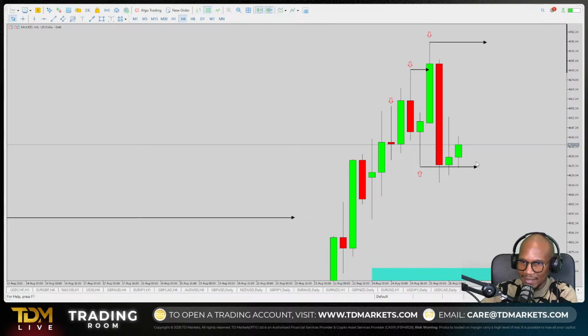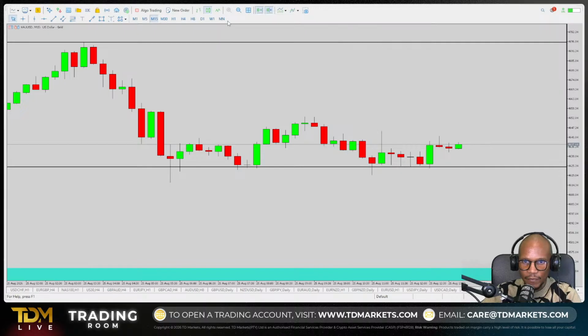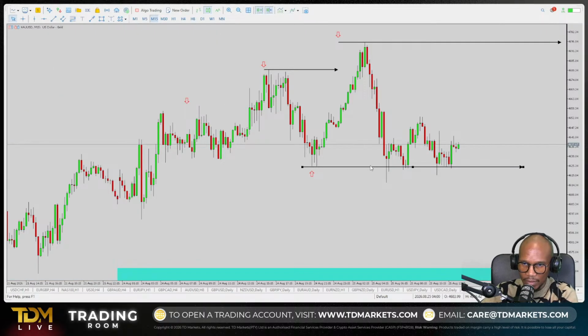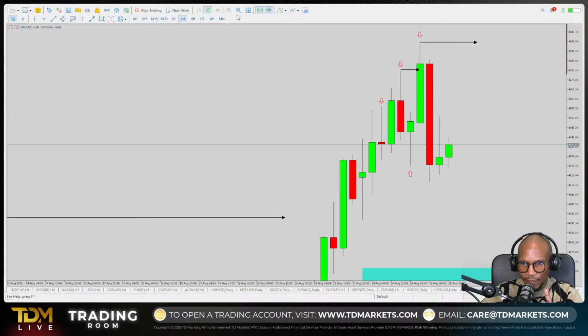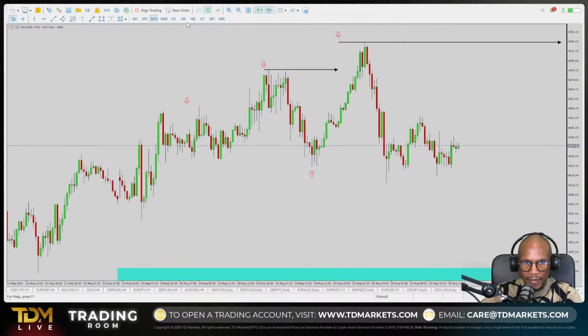If you go to the 1 hour or even the M15 time frame, I'm going to remove this. Now, this is the 4-hour. I'm going to go back to the 1 hour and 15 minutes. There's something that I've noticed, which is another possibility. We have this high, the high of the 4-hour candle.